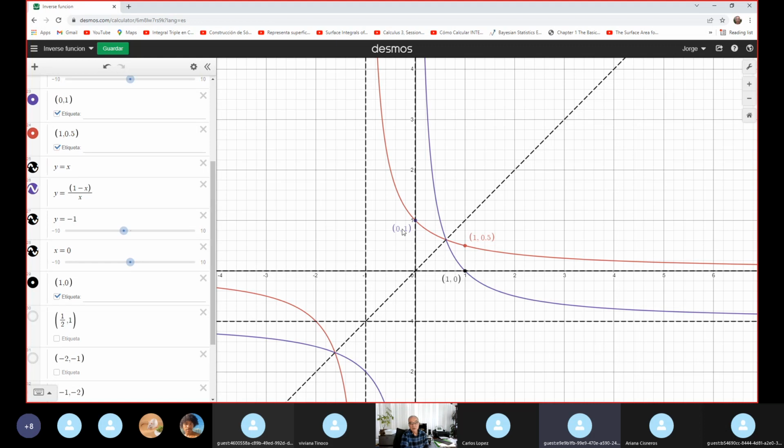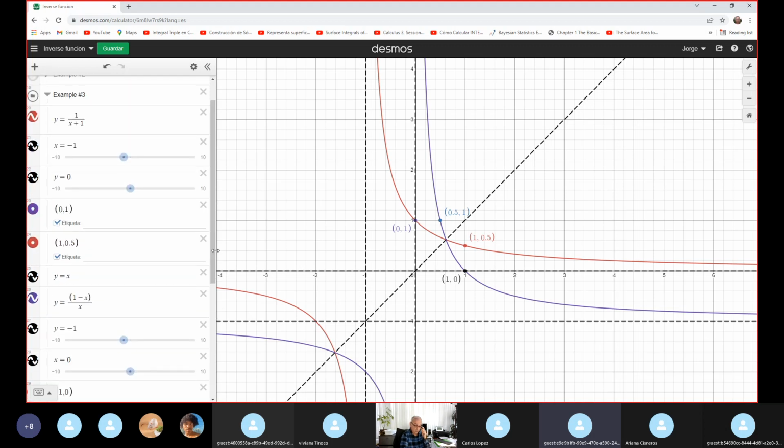Let me zoom. 0,1 becomes 1,0 in the inverse. And the other is 1/2,1 becoming 1,1/2. Okay, not bad. I understand inverse functions very well now. Any questions, guys? It's clear. I like to hear that.